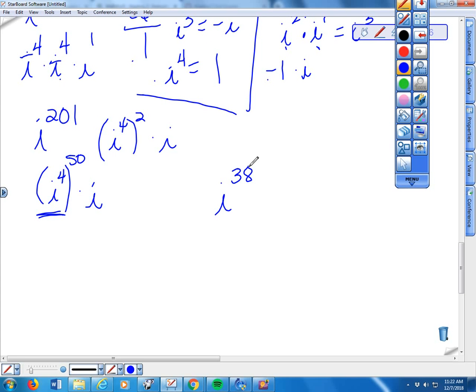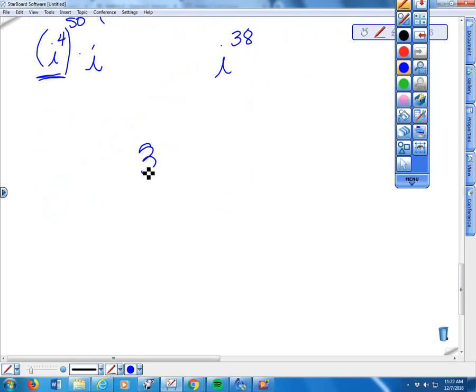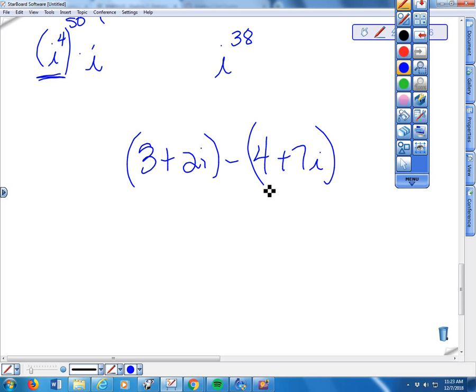Okay? When you're dealing with adding and subtracting complex numbers, it's the same thing that we do when we have any variable. Distribute, combine your like terms, simplify.